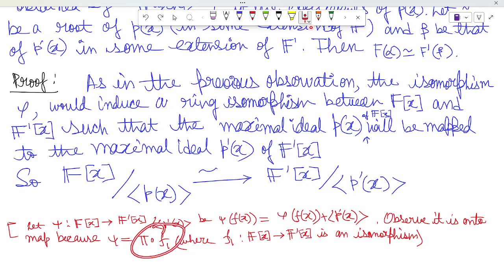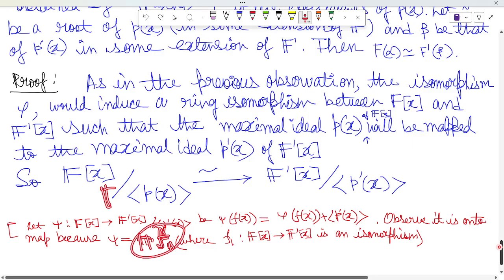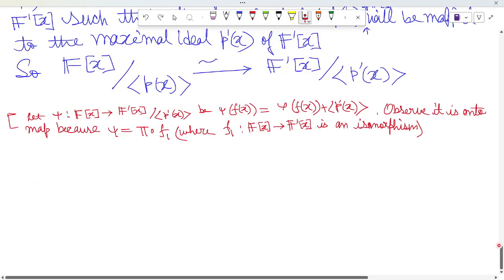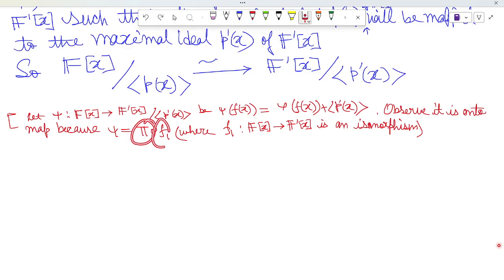So obviously, first I apply f[x] to f dash x by this map, then apply the projection map. So this map is an onto map, and pi is an onto map, so the composition of two onto maps is onto.